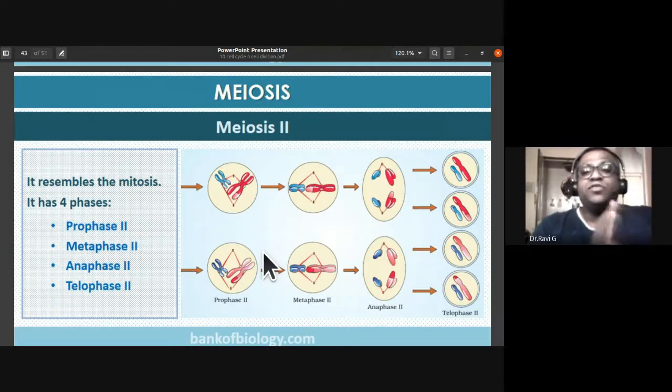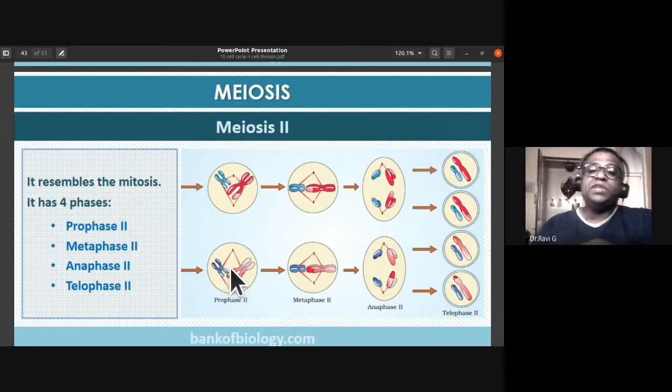Okay, it has four phases, meiosis 2. Already you know that they have two cells, or they might have two nuclei if there is no cross-wall formed. So the prophase 2, metaphase 2, anaphase 2, and telophase 2. These are the stages. This slide is a summary of this entire process.